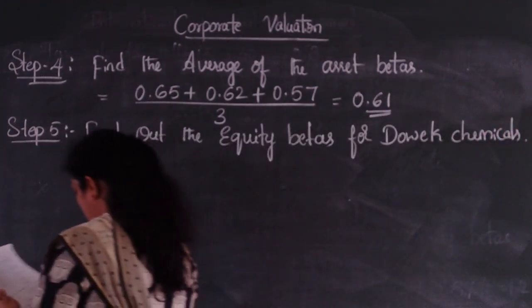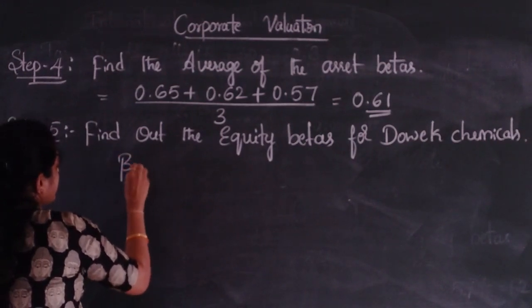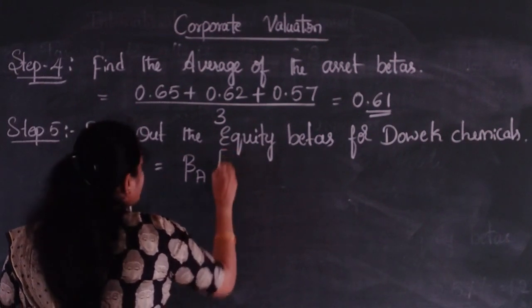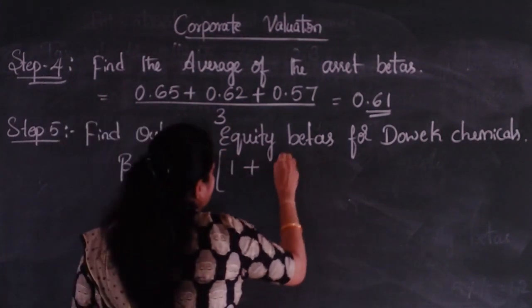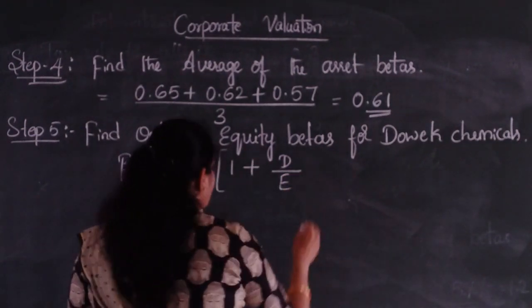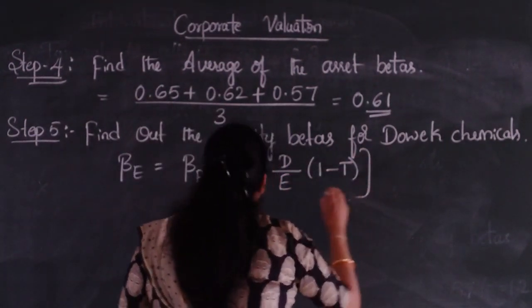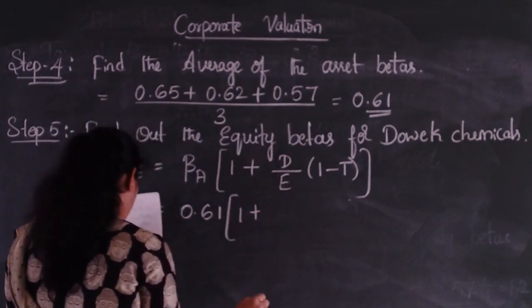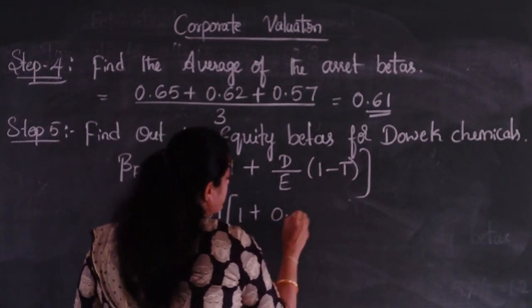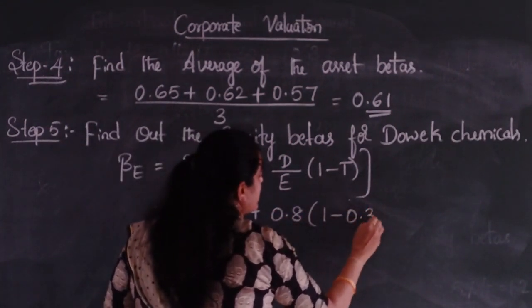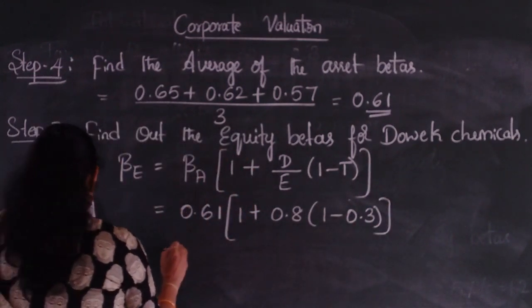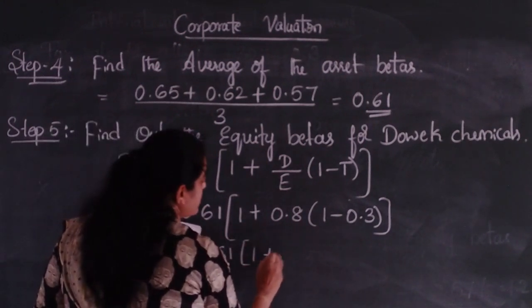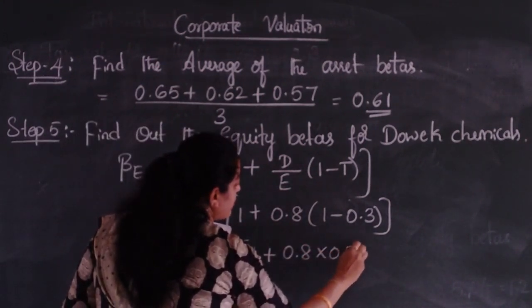To find the equity beta for DOEC, the formula is beta E is equal to beta A multiplied by 1 plus D by E of DOEC multiplied by 1 minus tax rate. Beta A is 0.61 multiplied by 1 plus debt equity of DOEC, 0.8, multiplied by 1 minus 0.3, that is the 30% tax rate. Solving this equation, 0.61 into 1 plus 0.8 into 0.7.